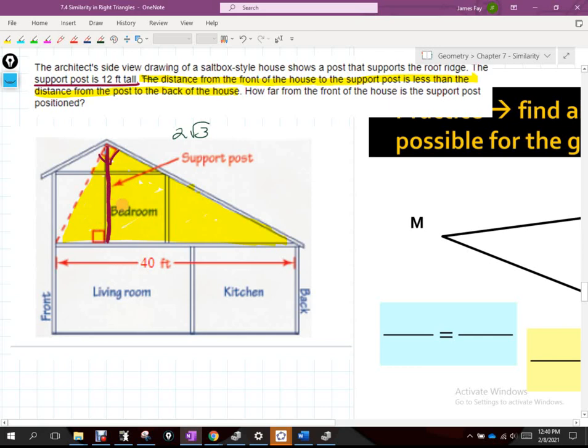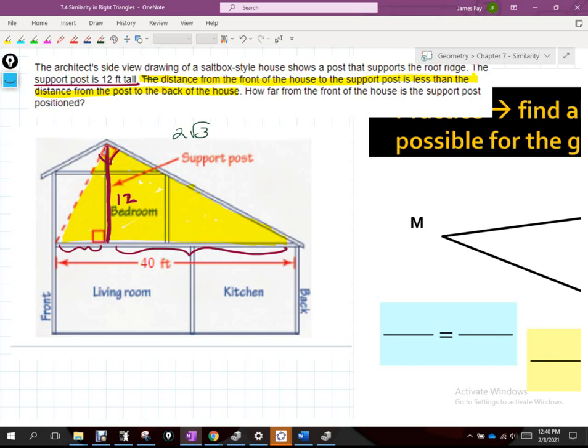The support post is 12 feet tall. So that they give us. Now, they're looking for, or we need to determine, those two distances right there. Is that okay with everybody? All right. They total 40 feet, right? But we don't know what either one of them individually is.